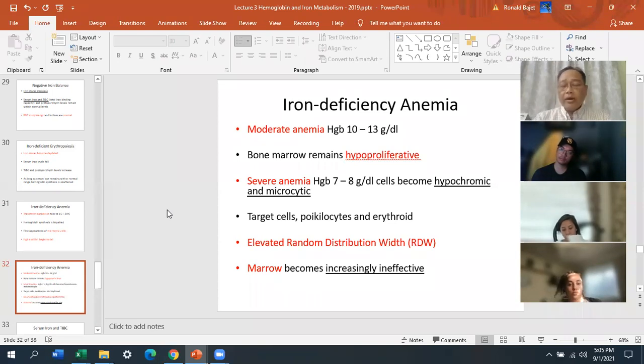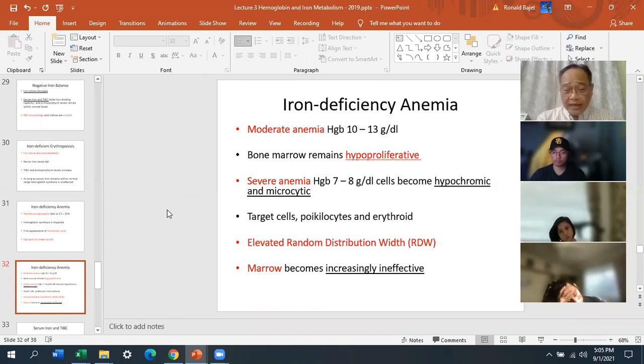Another thing that will help you identify iron deficiency anemia on the CBC is a parameter called RDW, the red cell distribution width, and the RDW is very elevated. I don't know if I gave you the normal value, but if you get an RDW in the 20s, 20 to 25, that means you have a lot of variation in size.